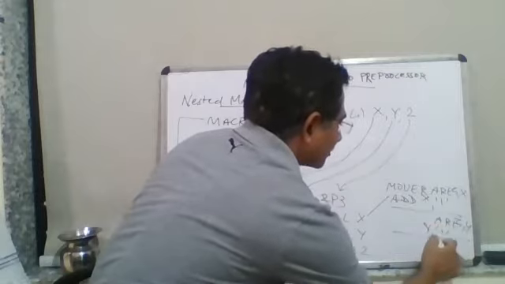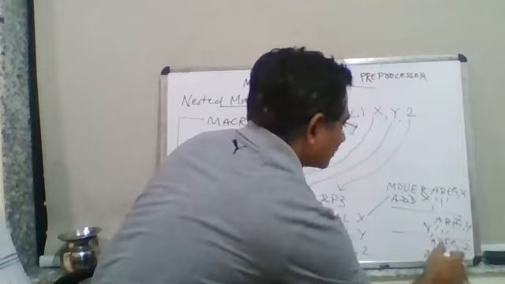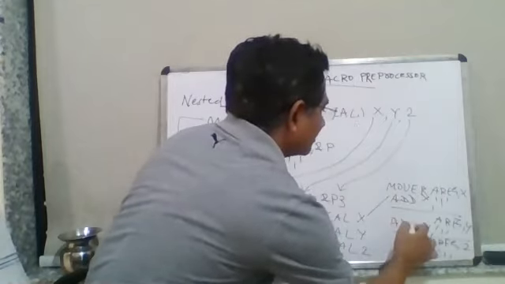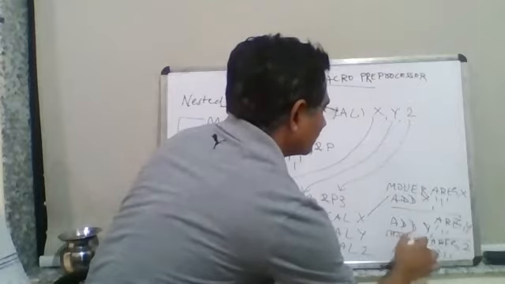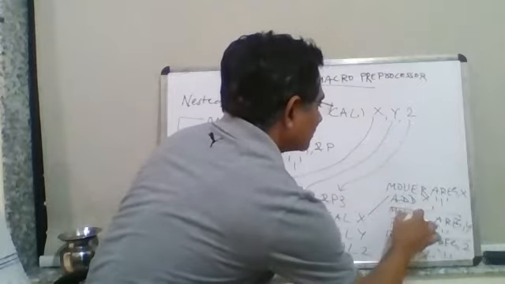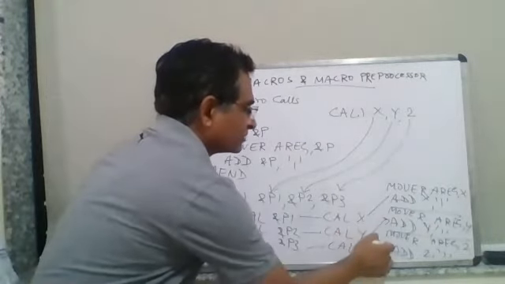And areg comma z, and z comma 1. So all other things will remain the same. Add, move r, in this way. Okay, so this is for this expansion, and this is for this expansion.